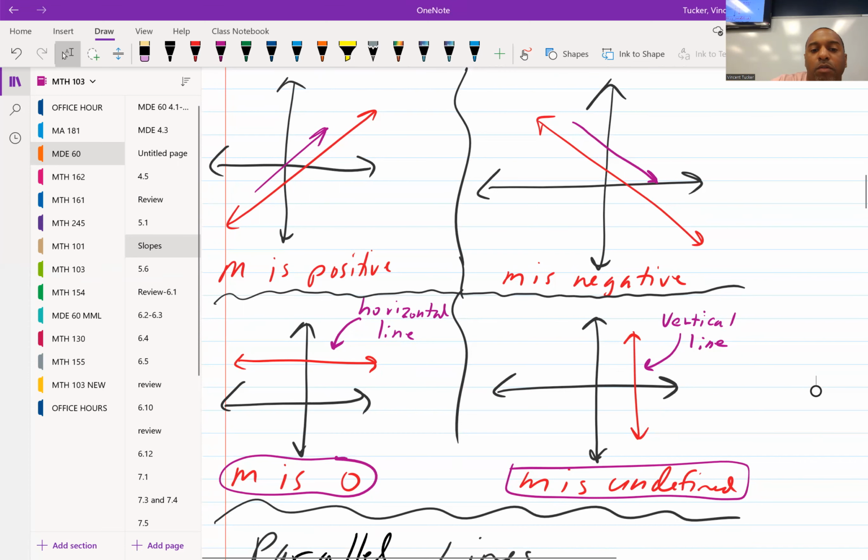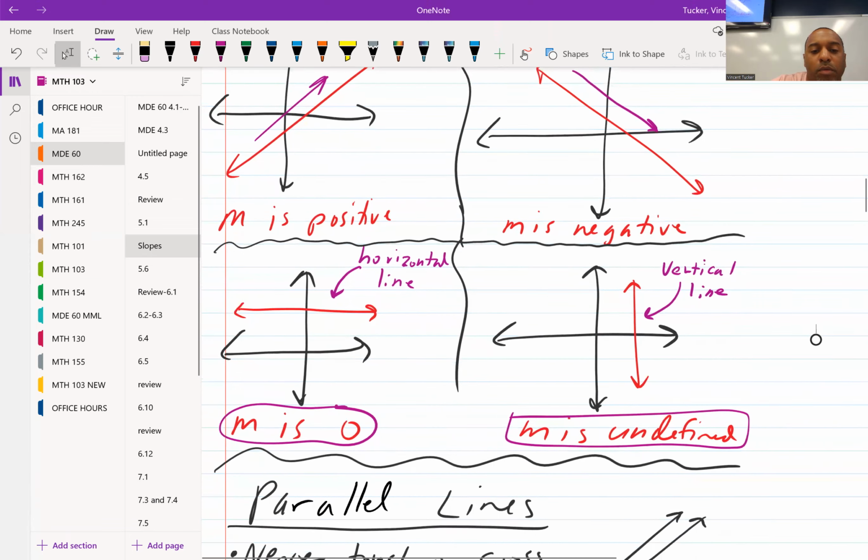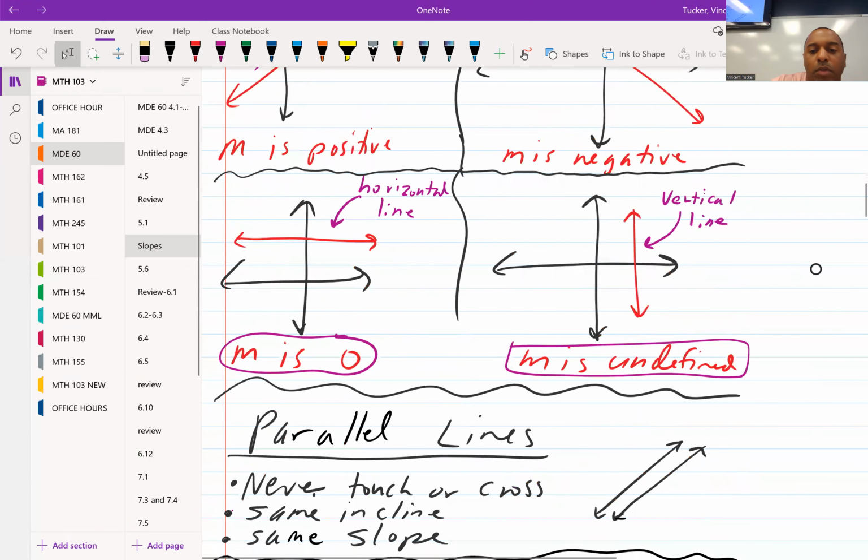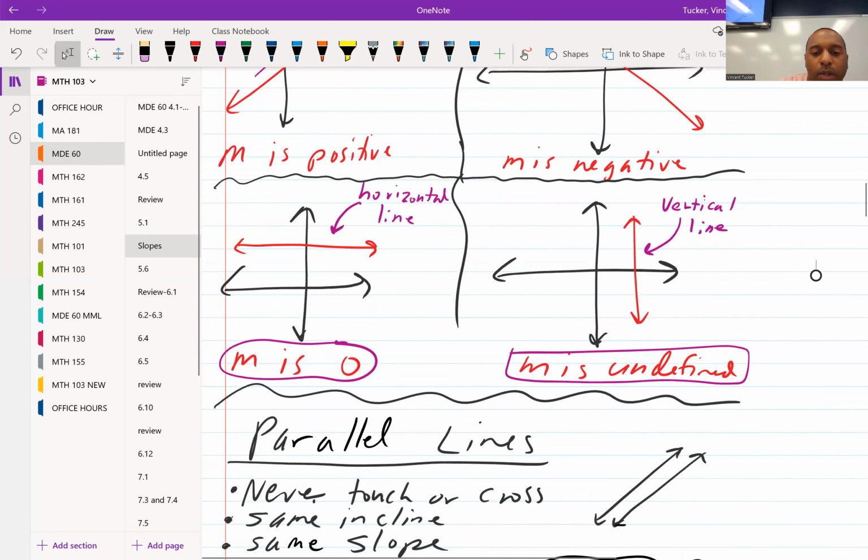Everybody good? Hold on, parallel lines. I believe that's in another section. I might want to hold off on that. Make sure.